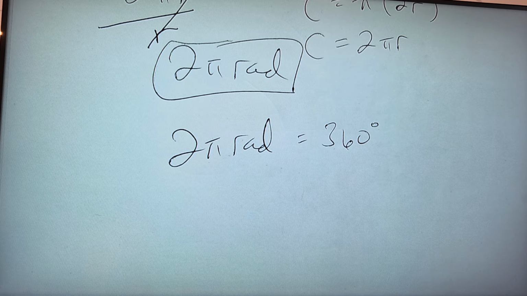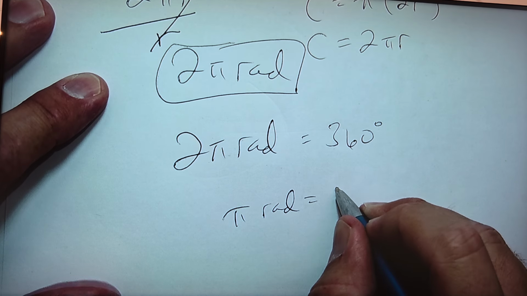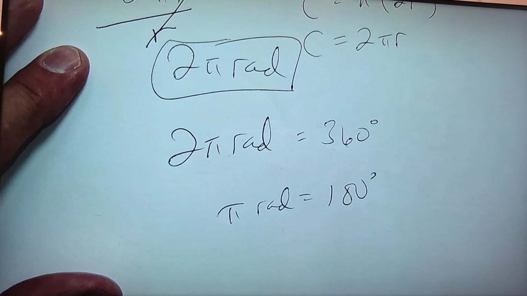It's not reduced. What do we use to convert between inches and feet? The fact that 1 foot is 12 inches. Up here I have 2 pi radians is 360, so how can I reduce that? If 2 pi is 360, 1 pi is 180. Okay.